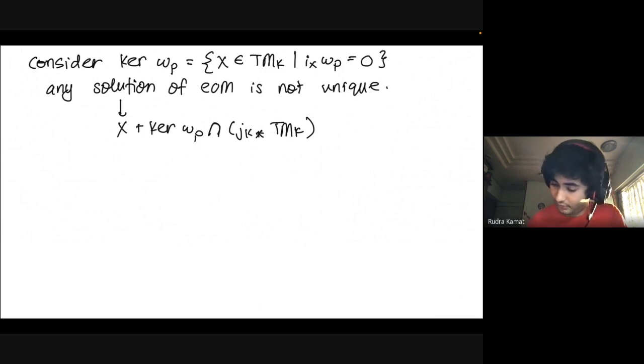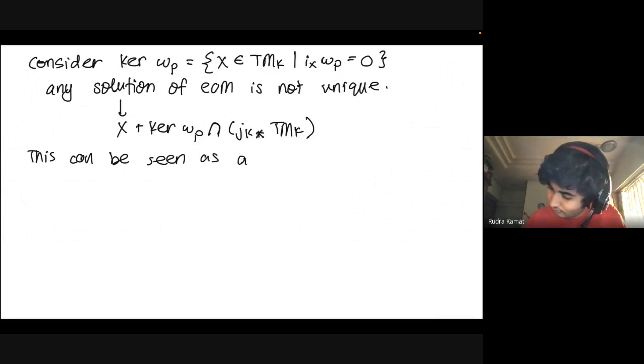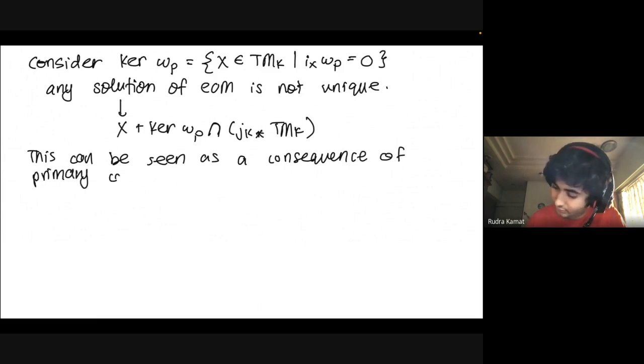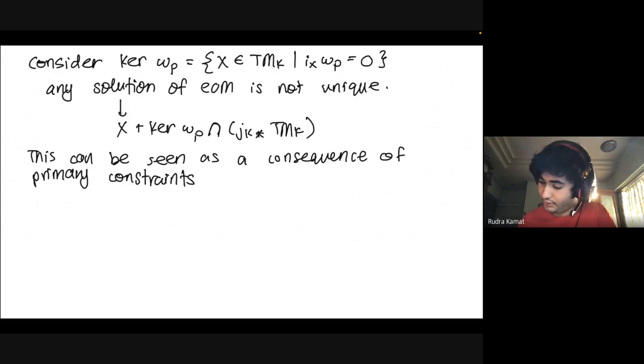Now, as I said, this can be seen as a consequence of primary constraints, because even after performing the entire algorithm, we still end up with a non-uniqueness after the algorithm, so that it's clear.